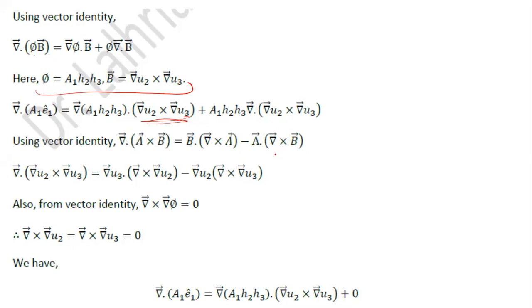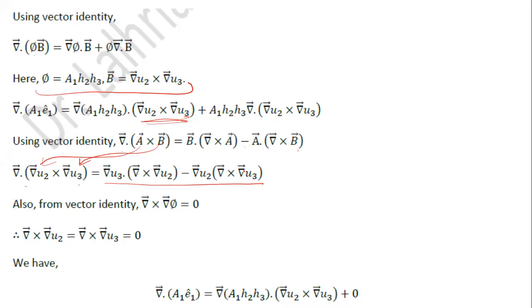You revise this vector identity, that is the divergence of a cross b. The divergence of a cross b will be written as b dot curl of a minus a dot curl of b. If you follow that, you take a vector as grad u2 and b vector as grad u3, then the divergence of this will be this, right?